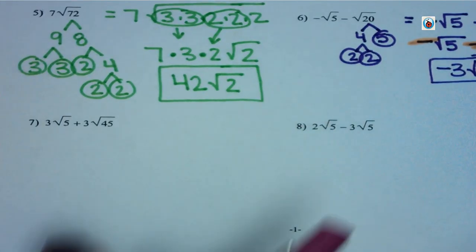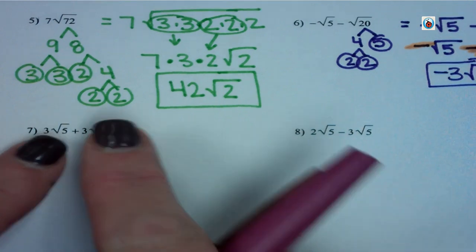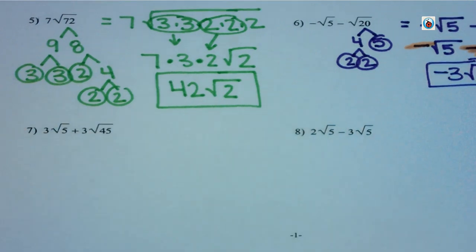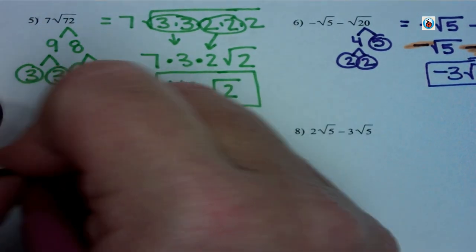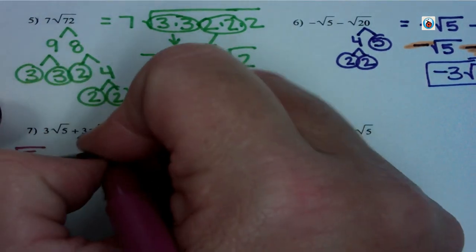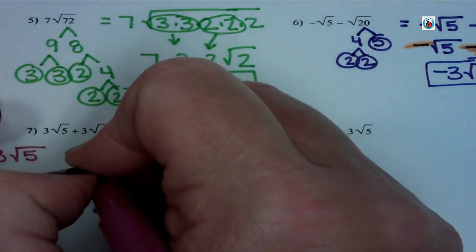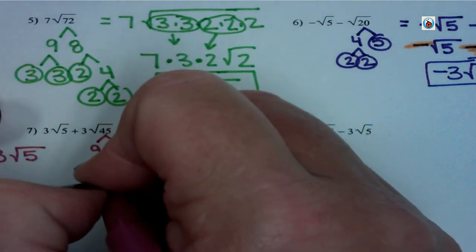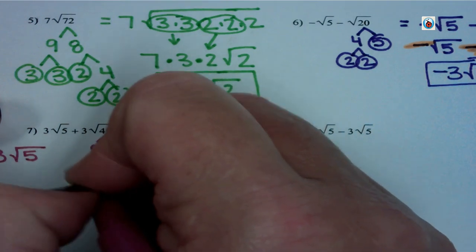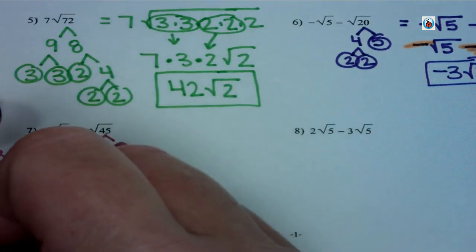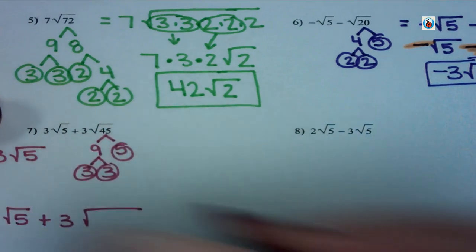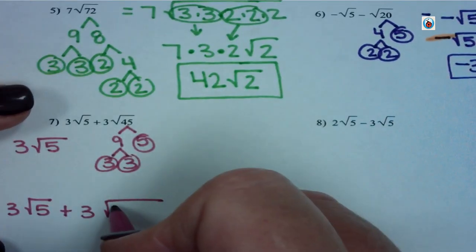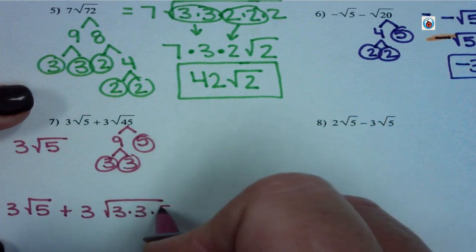Okay, so I have radical 5 and radical 45. They are not alike, so I can't just add them. Well, I can't break down 3 radical 5, but I can break down 45. 45 is 9 and 5, and 9 is 3 and 3. So we have 3 radical 5 plus 3 radical, and then I have 3 times 3 times 5.